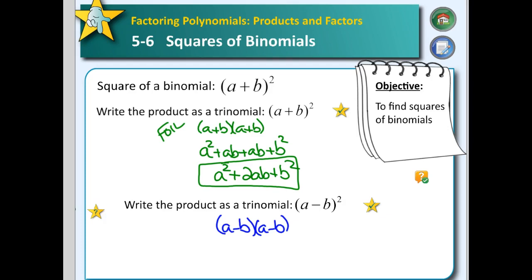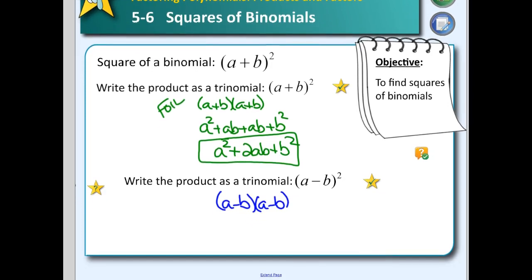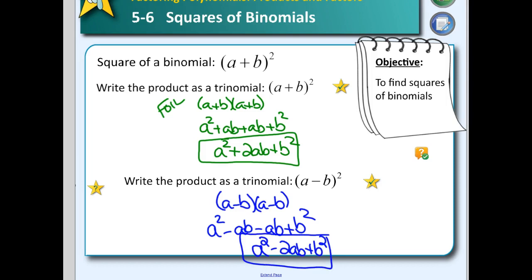We'd see that if we did FOIL, first is a squared, outside is negative ab, inside is negative ab, and last, negative b times negative b is positive b squared. And if we collected our like terms in the middle, we'd have a squared minus 2ab plus b squared. So if you look, the special pattern is almost the same except for one sign.